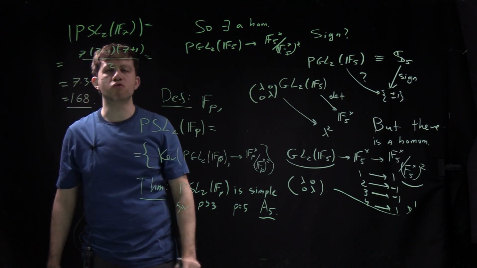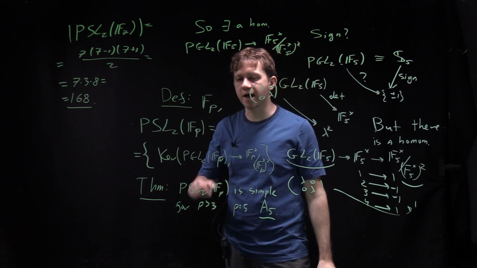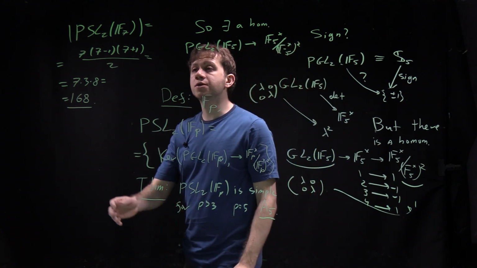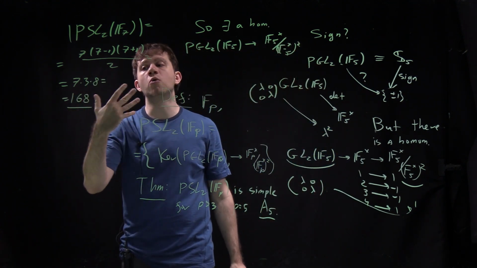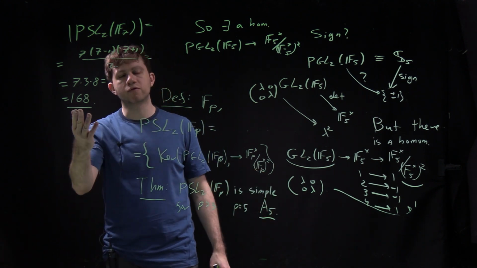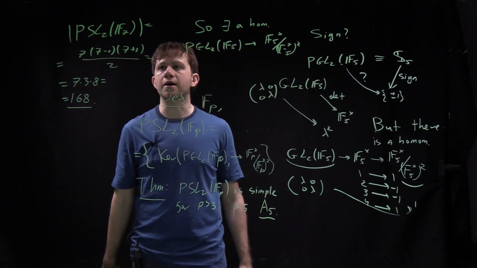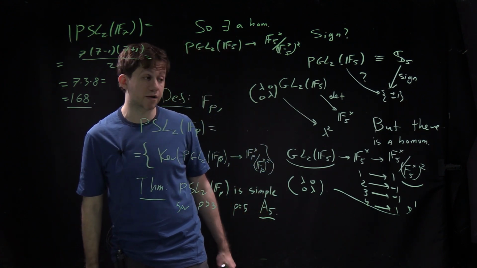And this is an incredible group. PSL2 of F7 has 168 elements, and it acts on 8 points. You have a homomorphism from it to S8, but it's very far from being bijective, because it has 168 elements, and 8 factorial is very big.